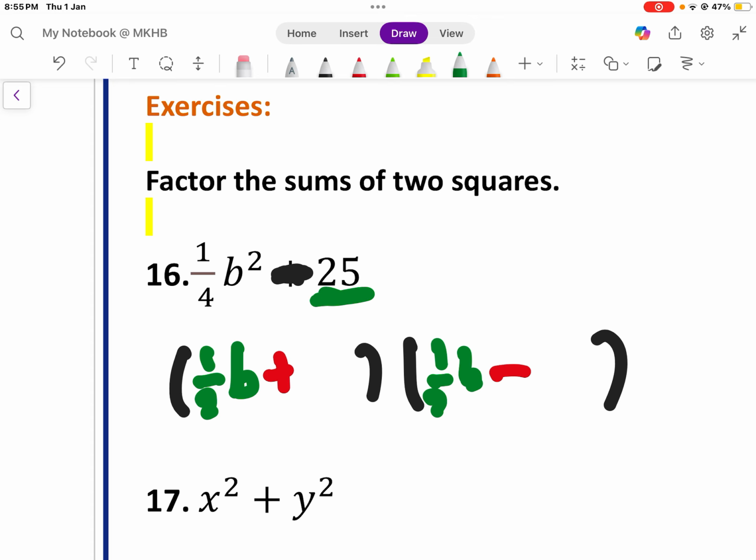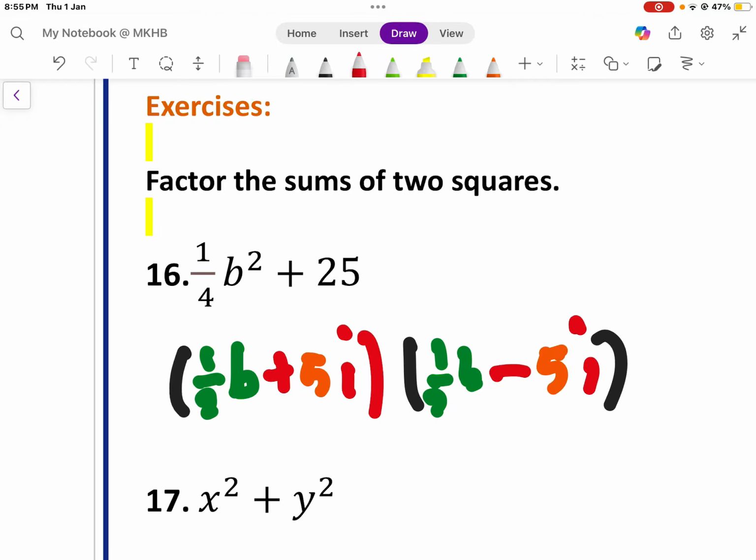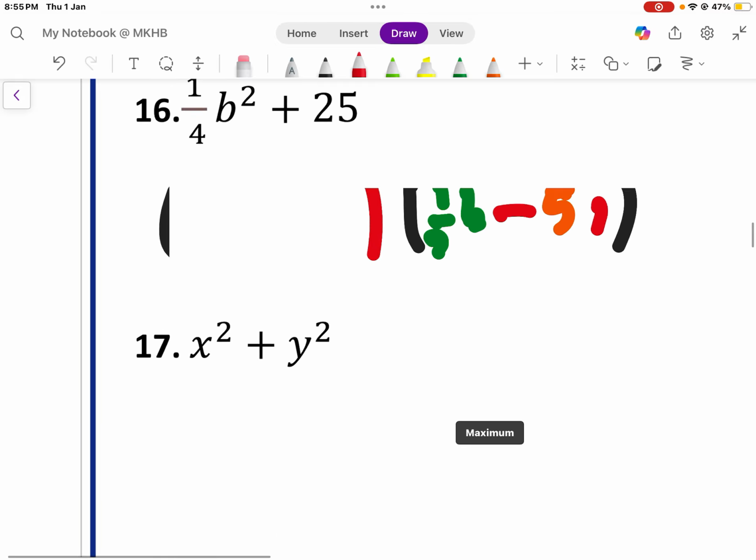Okay, the square root of 25, yes, 5, and because this is a plus, not minus, i here and i here. Are we good?